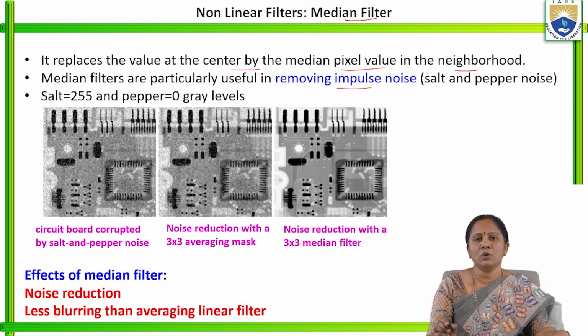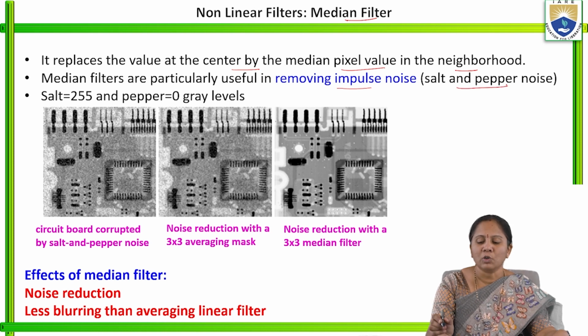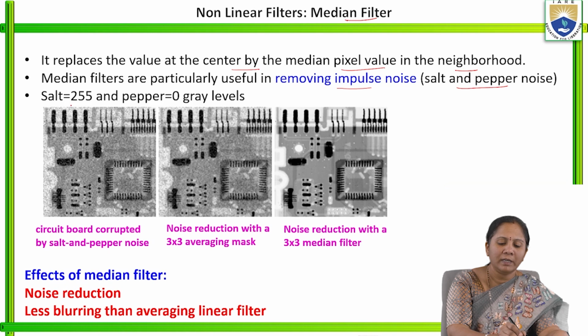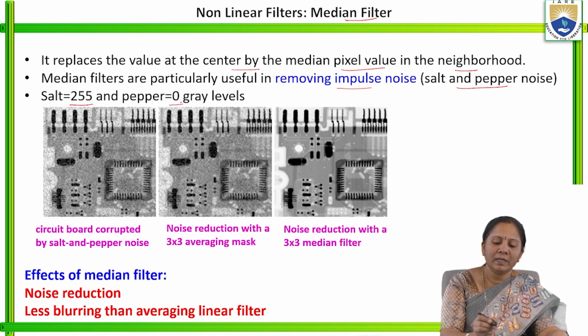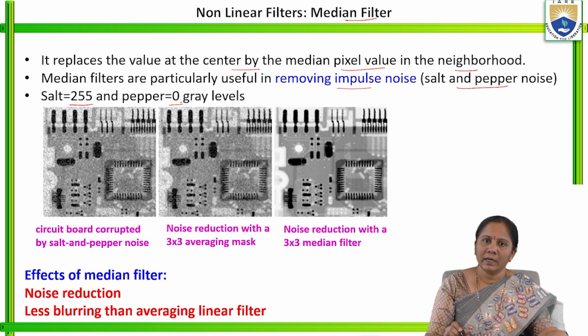Impulse noise can also be called salt and pepper noise. Salt is indicated with the 255 gray level and pepper noise with the 0 gray level. By using the median filter, we can reduce the salt and pepper noise.